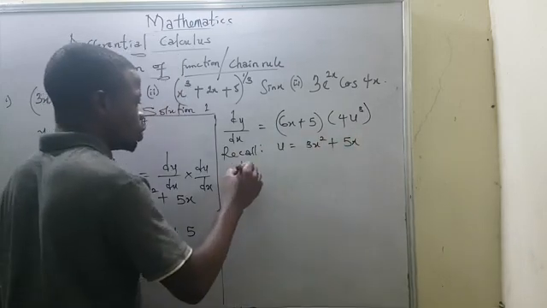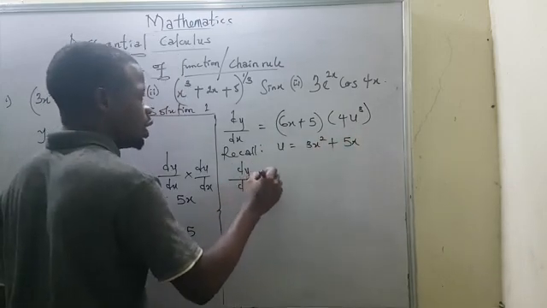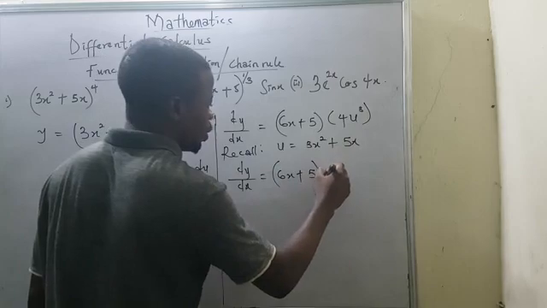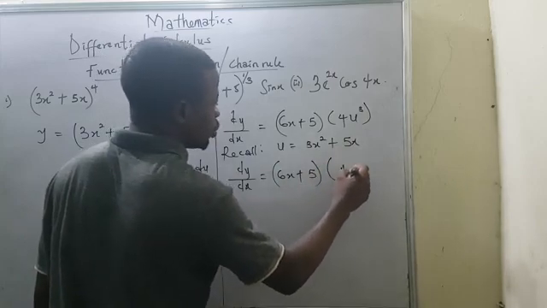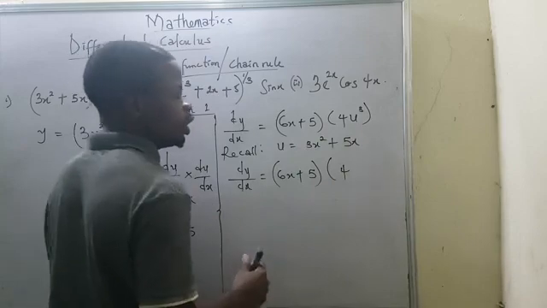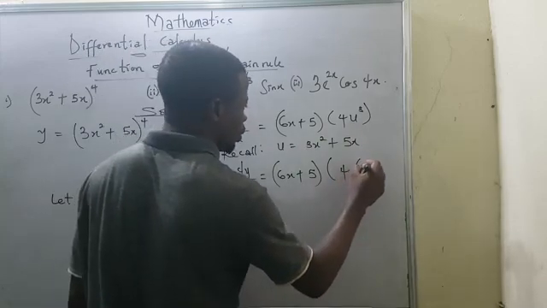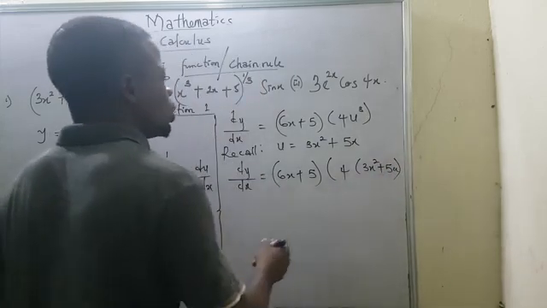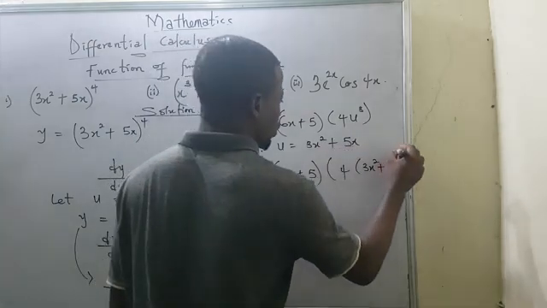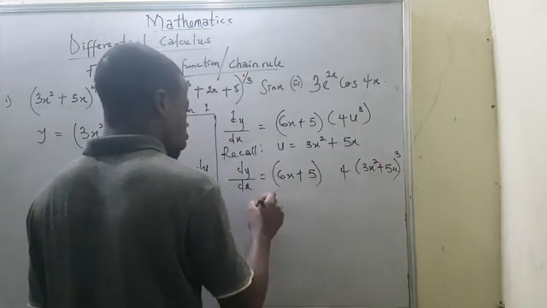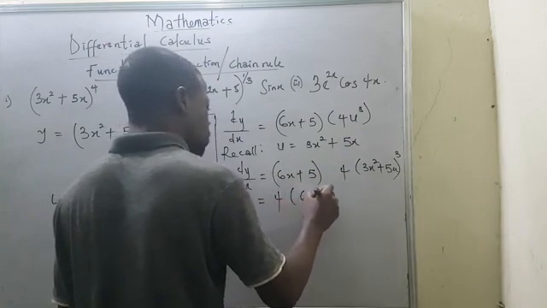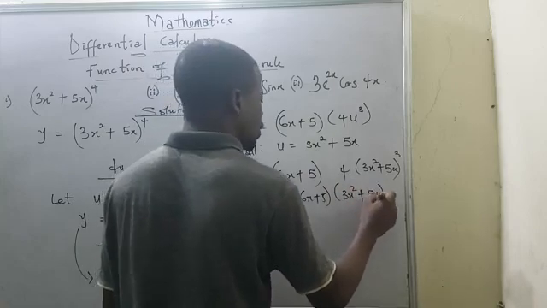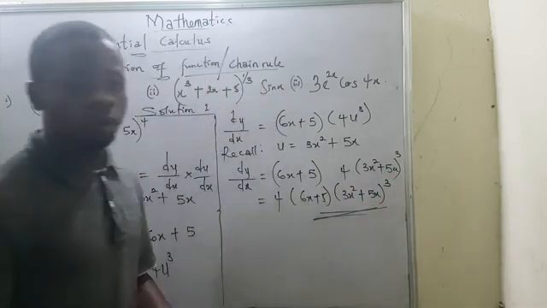So dy/dx can now be equal to 6x plus 5, close this bracket, and you have 4 times 3x squared plus 5x, raised to the power 3. So this is just coming, you can bring out the 4. You have 4 times 6x plus 5 times 3x squared plus 5x raised to power 3. You're as good as done.